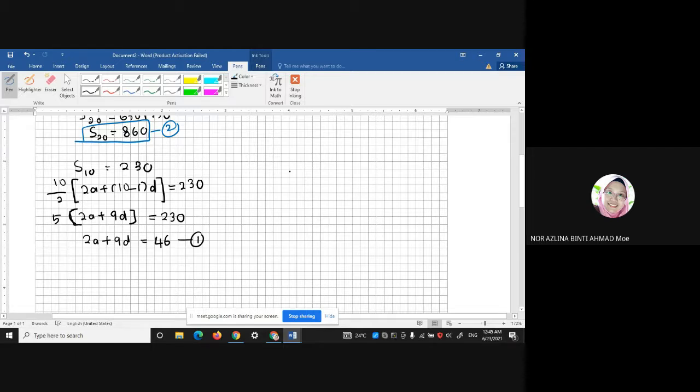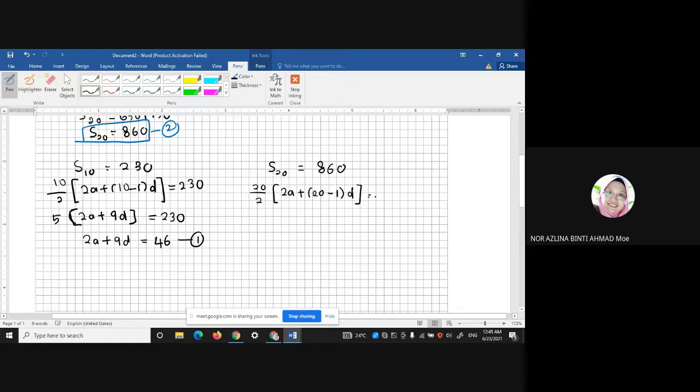Okay, so S20, the second information we get, S20 equals 860. So 20 over 2 in bracket 2A plus n minus 1, n is 20, 20 minus 1 multiply d.